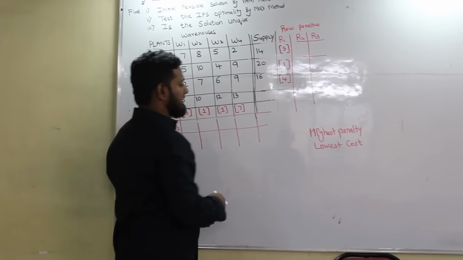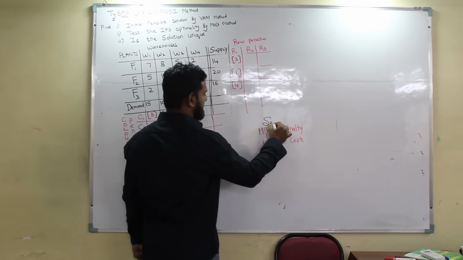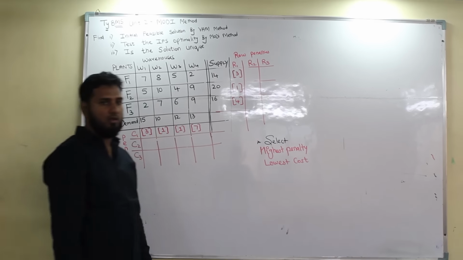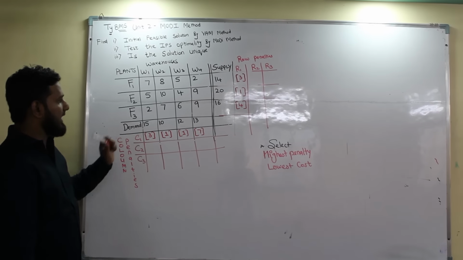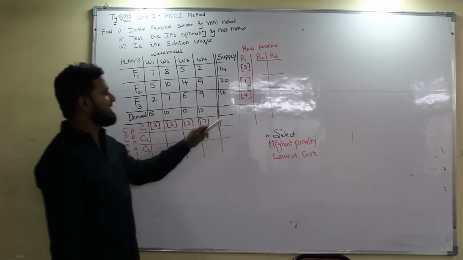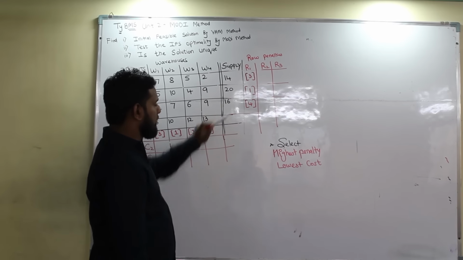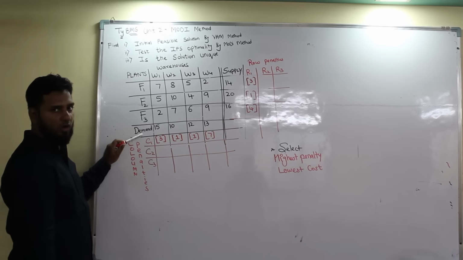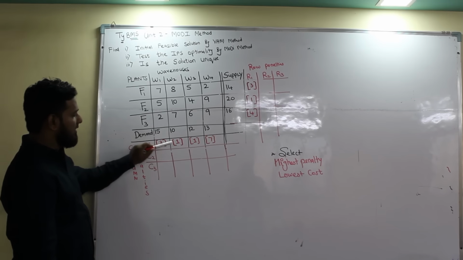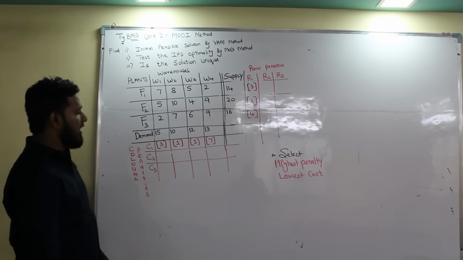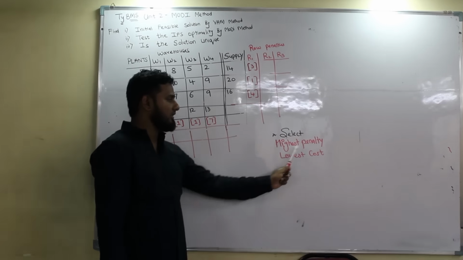The penalties we have calculated over here: the penalties in the rows are 3, 1, 4, and in the columns are 3, 1, 1, 7. So out of which, according to our rule, we need to select the highest penalty. The highest penalty over here is 7.